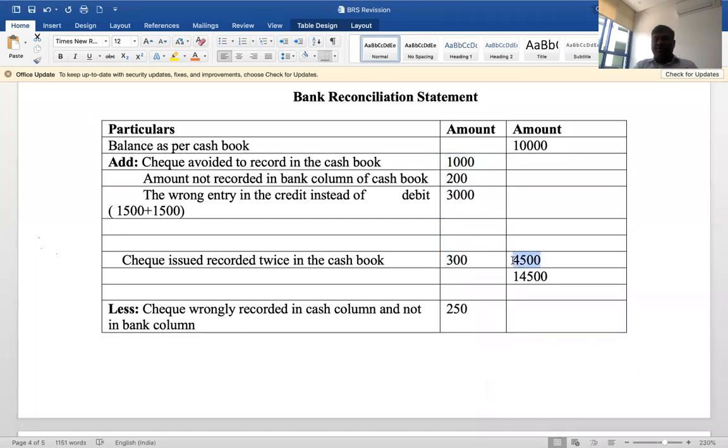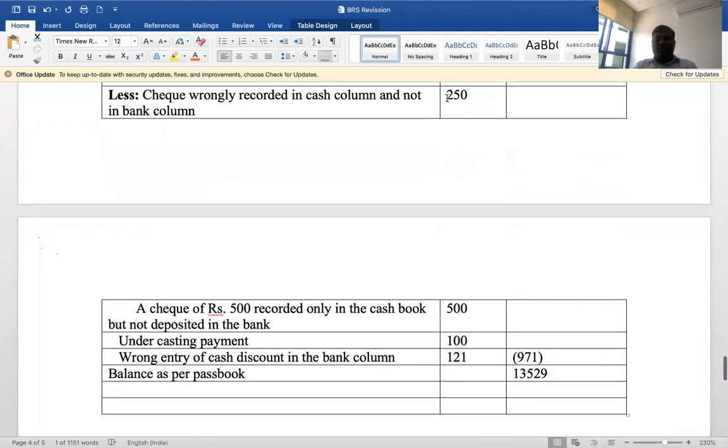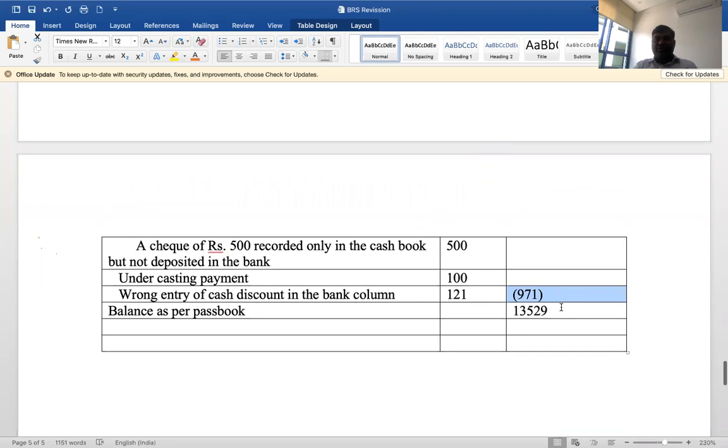Plus 10,000, 14,500. Then the total of less items is 971. Deduct it from 14,500. You get 13,529. This is the balance as per the passbook.